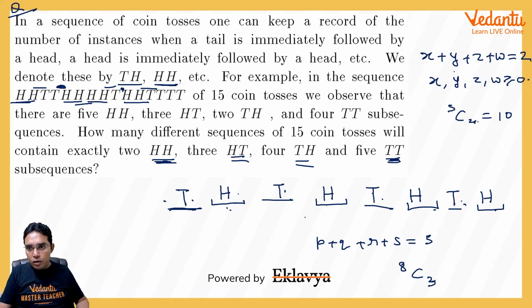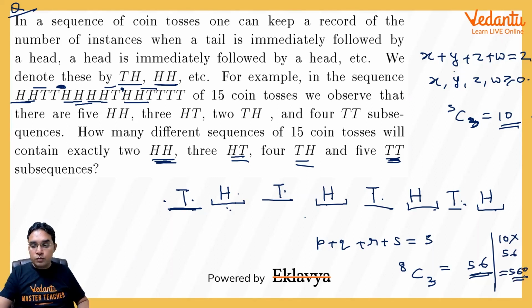It should have been 5C3 or 5C2, same thing. So 8C3, and how much is 8C3? I think 56. So if we multiply these two, we will get the answer. So 10 into 56, the answer has to be 560. So this completes the solution of this question.